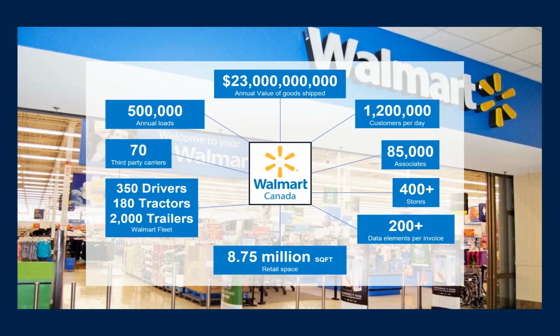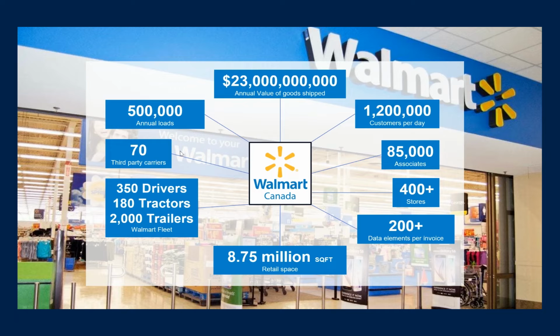So in the environment where Walmart as a shipper are looking to work with a network of their third-party carriers, so about 70 carriers, they process 500,000 loads annually through these carriers. What's interesting and complicated about that is that every shipment, every invoice that is attached to those 500,000 loads contains about 200 distinct data elements.